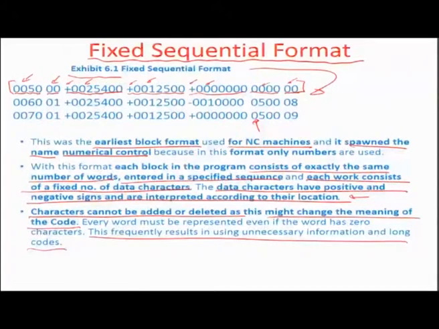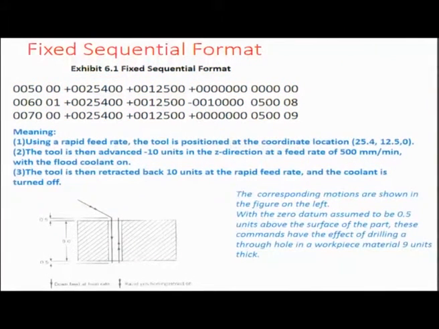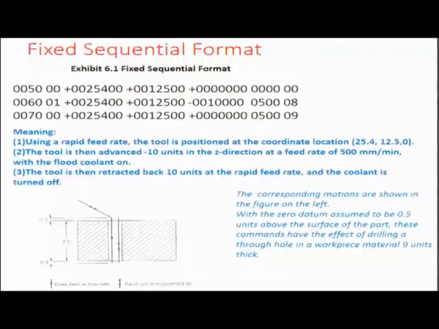So there are certain aspects which are probably not so suitable to the fixed sequential format, and other formats have been generated which would try to take care of some of these issues. Let us look at what this group of numbers would mean.